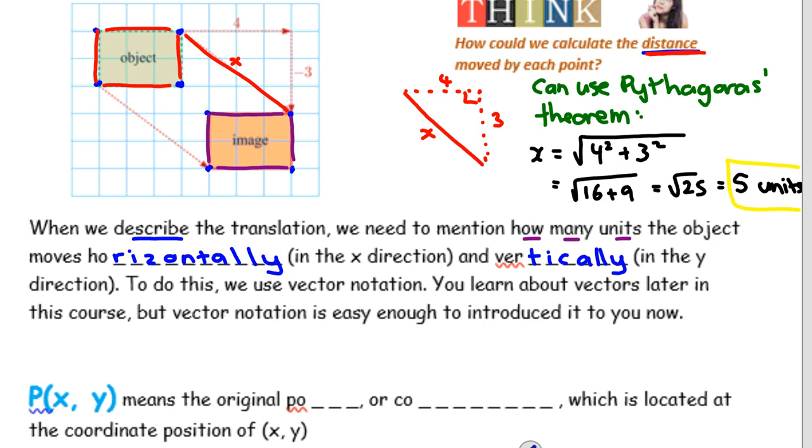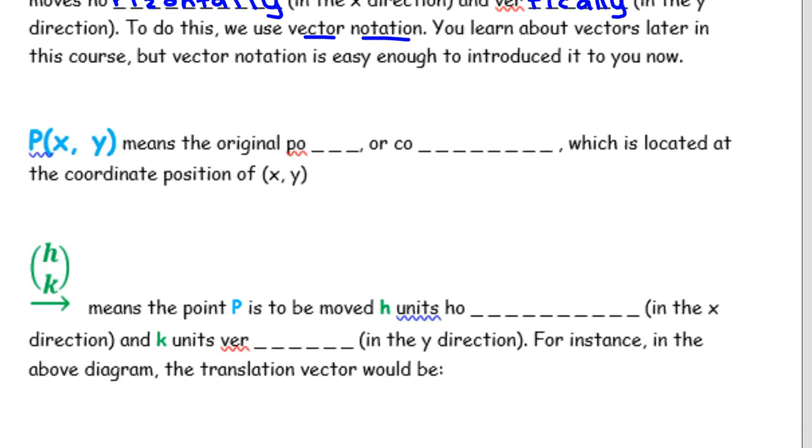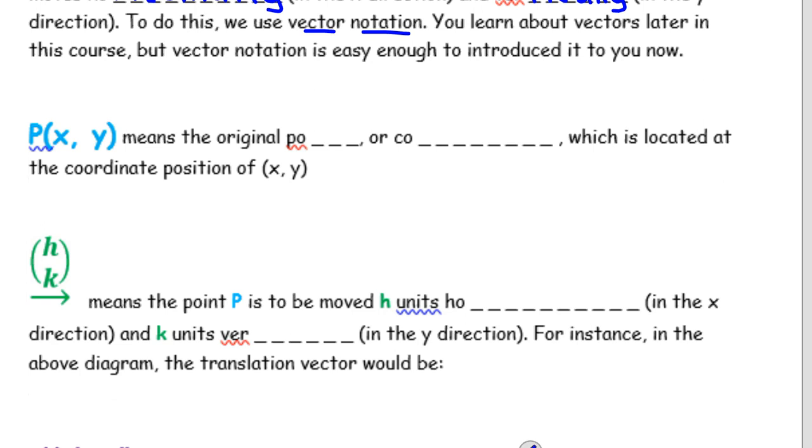But to do this, we use a thing called vector notation. You learn formally about vectors later on in this course, like in year 11, but vector notation is easy enough for you to be introduced to now. We're not learning everything to do with vectors, just basic vector notation.